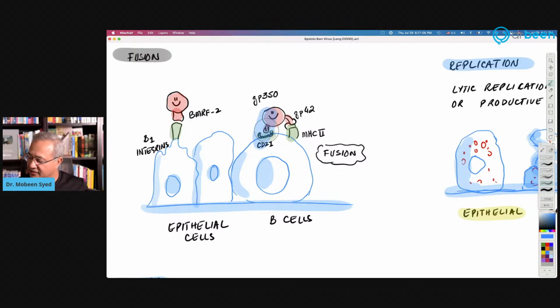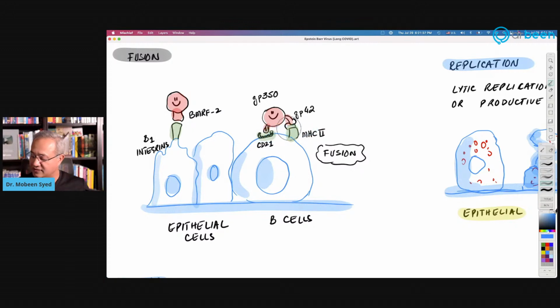Once it connects there, then its GP42, or glycoprotein number 42, another receptor, combines with MHC2. Remember MHC2? MHC2 are the major histocompatibility complexes or proteins that are present on the surface of professional antigen presenting cells, which are dendritic cells, macrophages, and B cells. So here it connects with the B cell's MHC2.